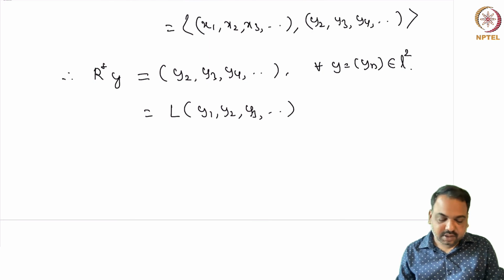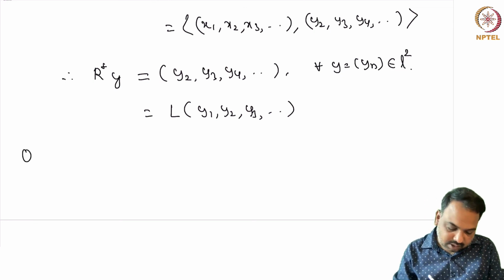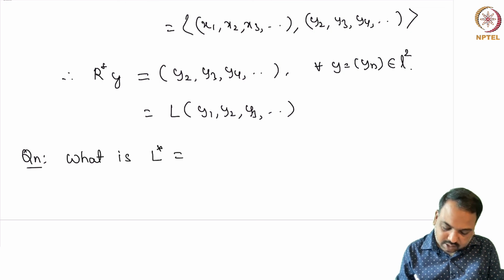Now we can ask the question: if you find the adjoint of the left shift operator, what will happen? What is L star?